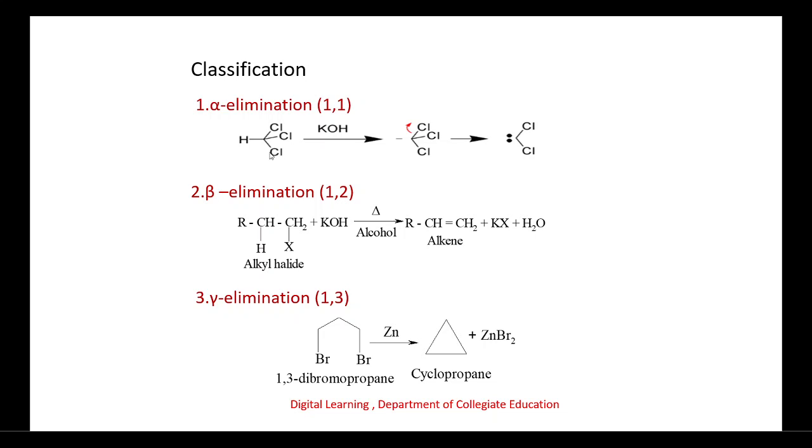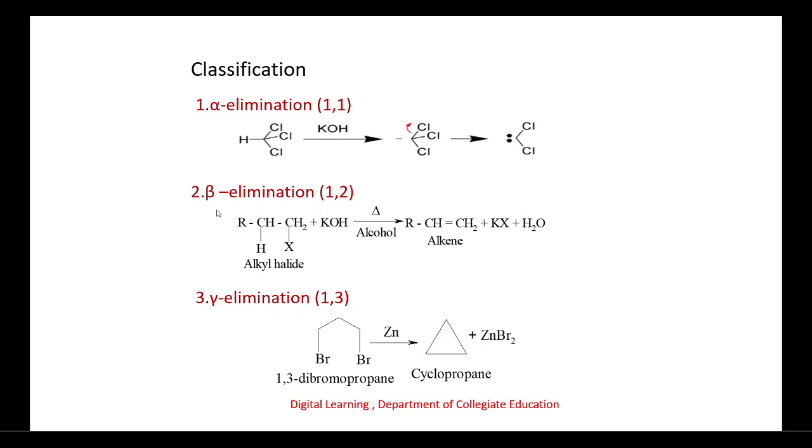For example, chloroform in the presence of KOH loses a chlorine as well as a hydrogen atom to give a reactive intermediate, the carbene. So this is an alpha or 1,1-elimination.